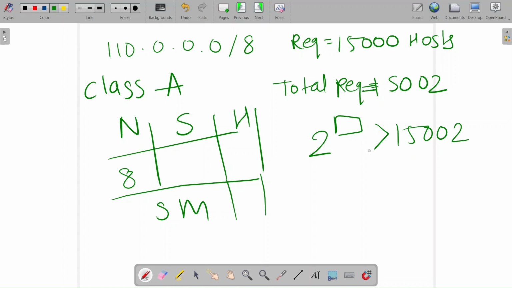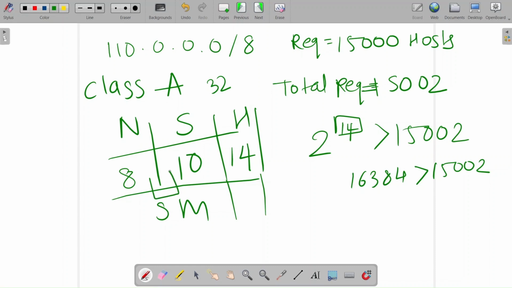Basically, it's 14, because 2 raised to 14 is 16384, which is greater than 15002. So that leaves us with 32 minus 22, which is 10, 8 plus 14 being 22. So the subnet mask here will be 18.